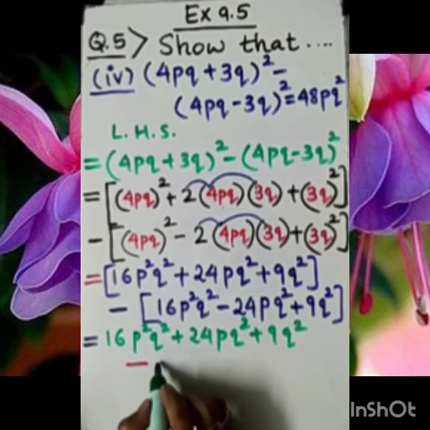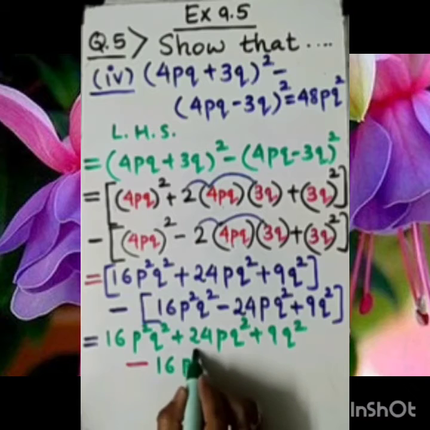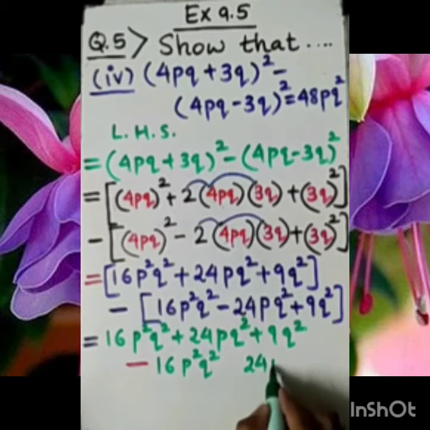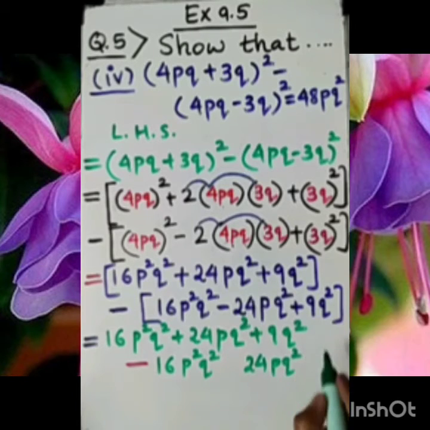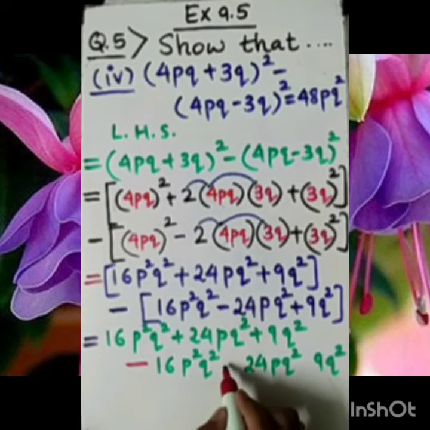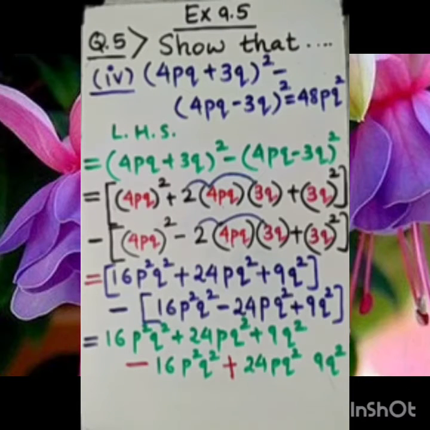So first I am writing all the terms. Here it is 24 pq square, and this is 9q square. Now, because of the minus outside the bracket, this term will become plus. As here it is plus, this term will become minus.